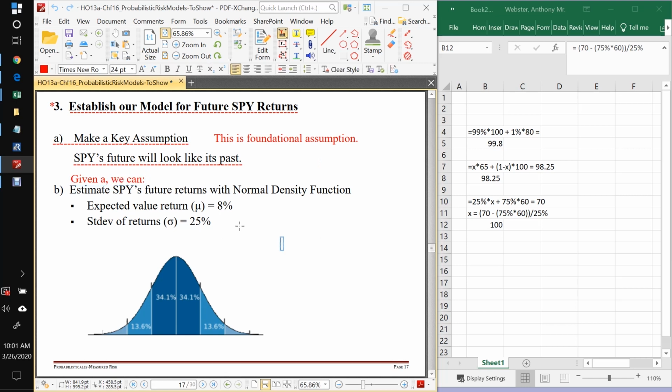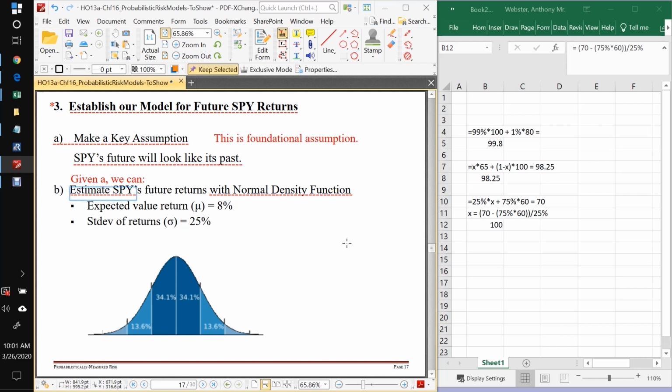Once we make that assumption, then we can say, well, if the historical returns look normally distributed, the future returns will be normally distributed, and we can estimate them with our normal density function.